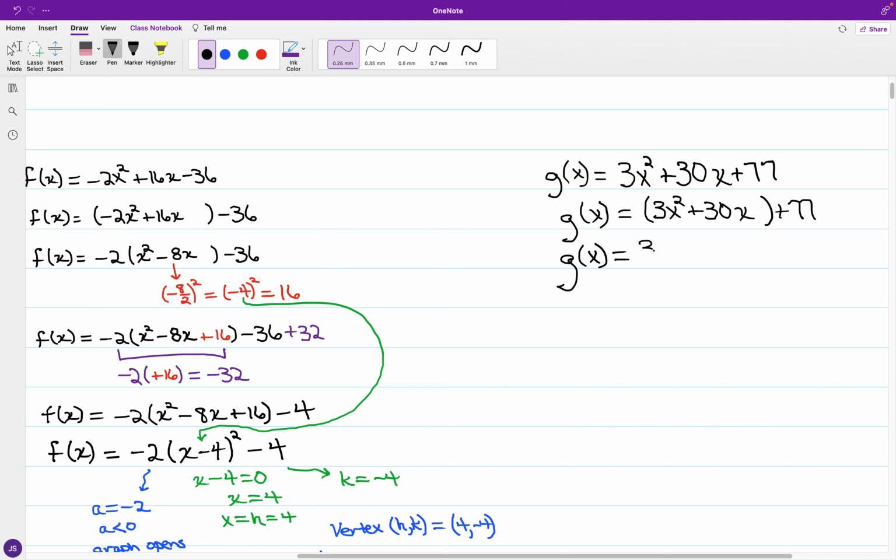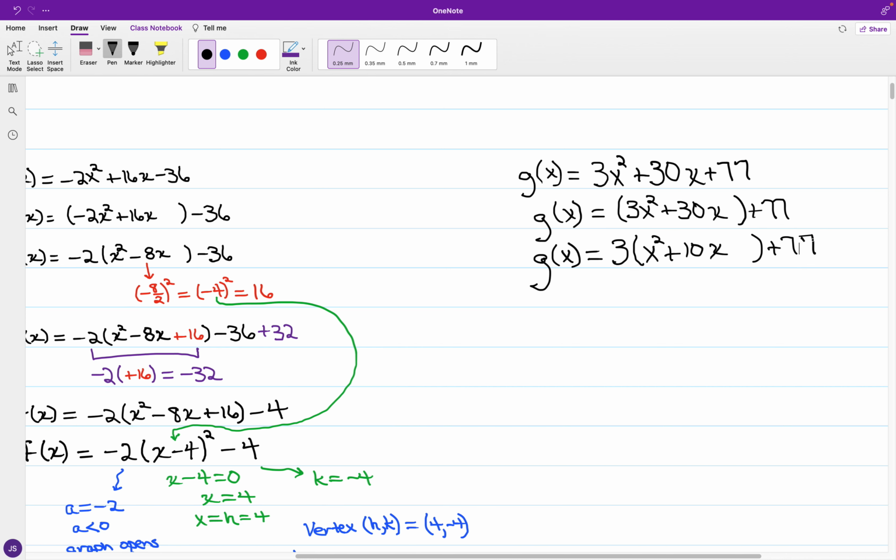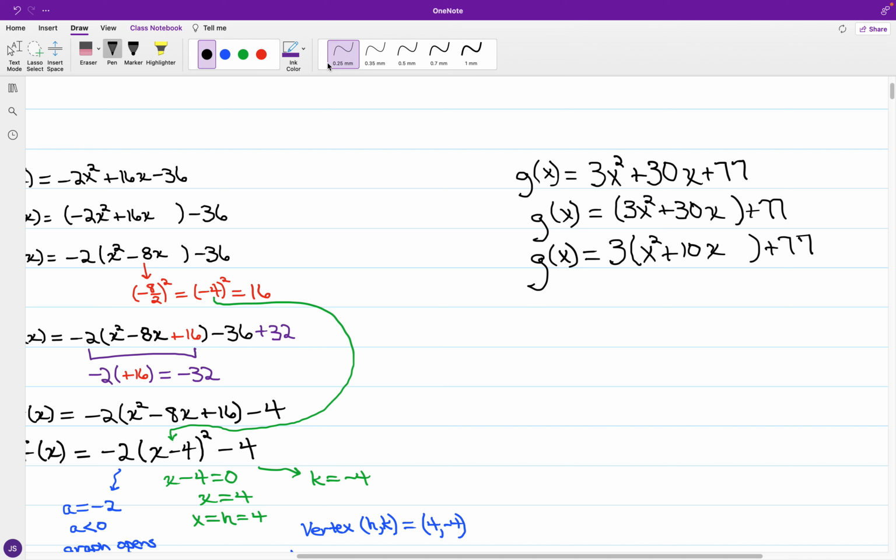So with factoring out 3, 3 will go into 3x squared, x squared times. 3 into 30x will go 10x times. Followed by the addition of 77. So again we have the stage set where we can perform the completion of the square.